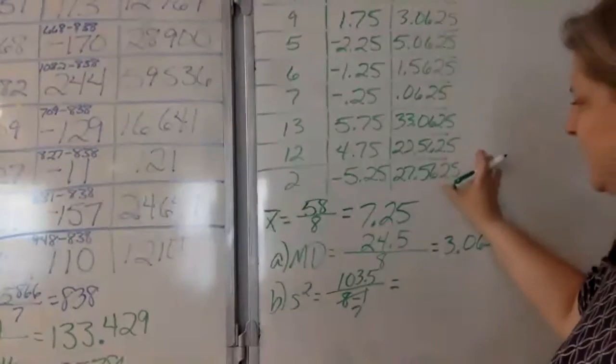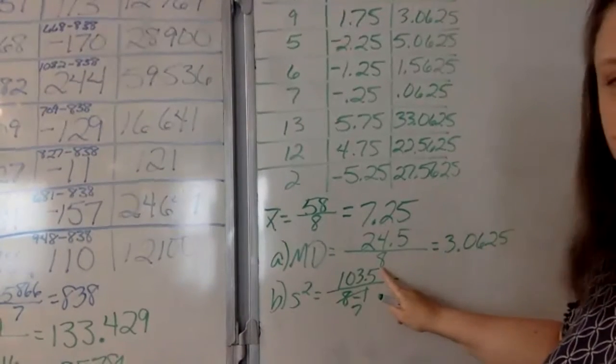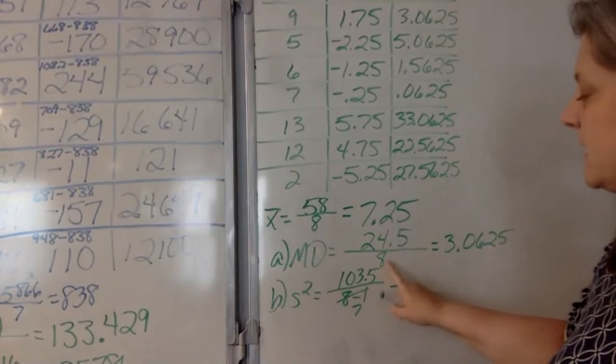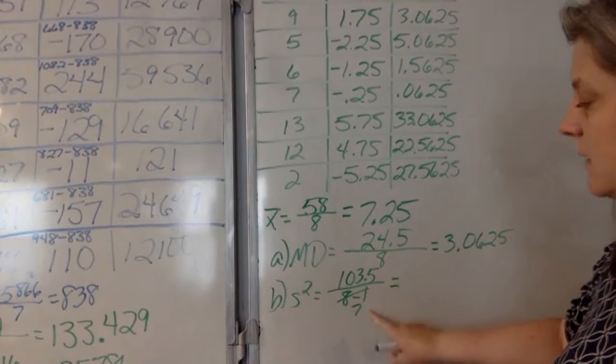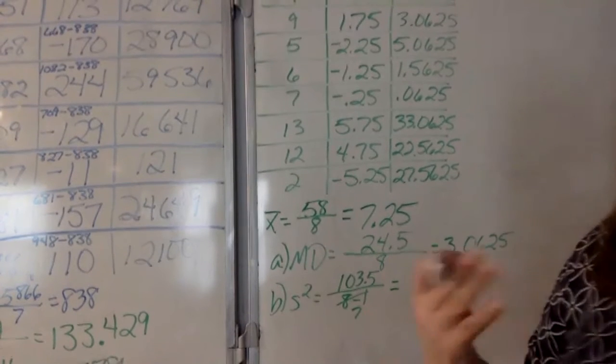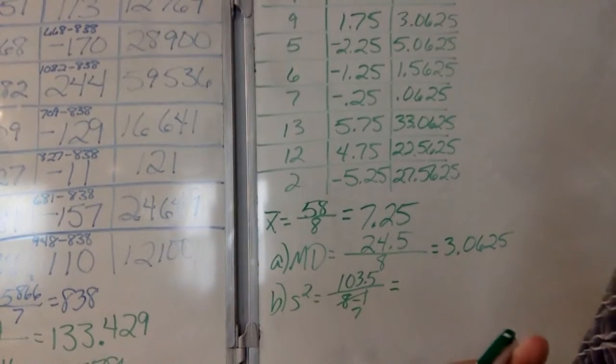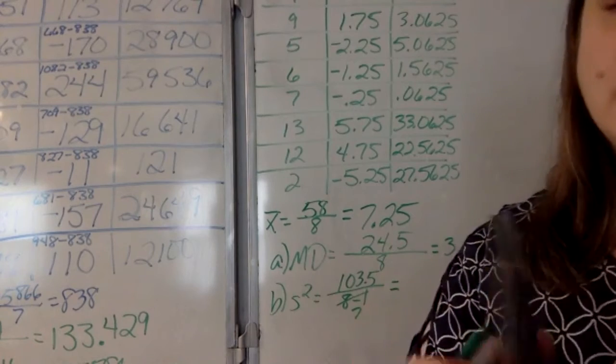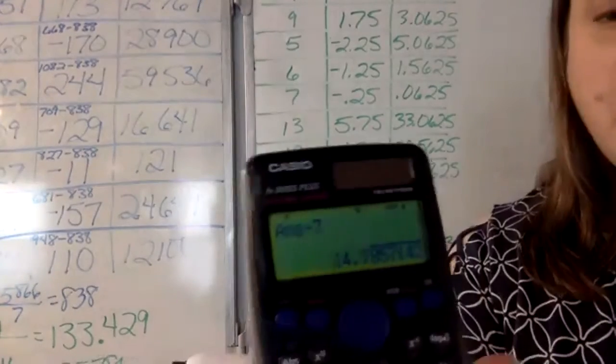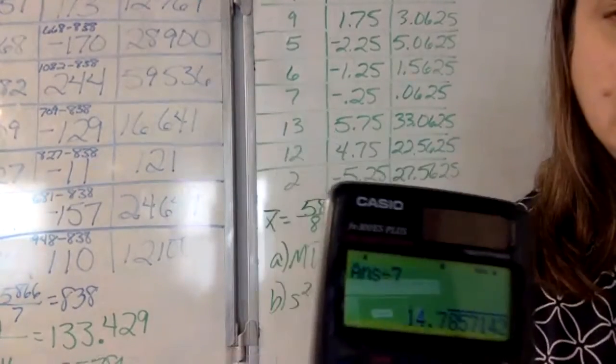You should get, when you add these together, 103.5. But remember, this time, instead of dividing it by 8, we're dividing it by 7. Now, when you're dividing by 7, 7's going to give you one of those big, long, repeating decimals. So on this part, we're going to need to round it.